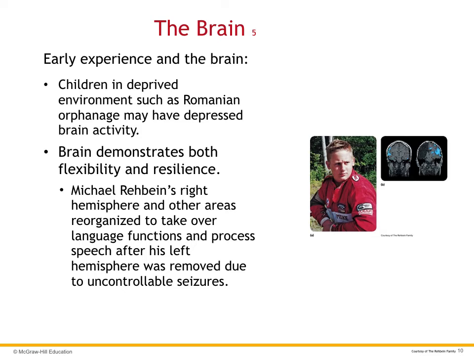It says there that children in deprived environments, such as Romanian orphanages, may have depressed brain activity. That's simply because they are not having that close interaction with consistent adults. They are not maybe being brought outside on walks or spoken to or brought really close to a human's face to make those connections and to experience those experiences.